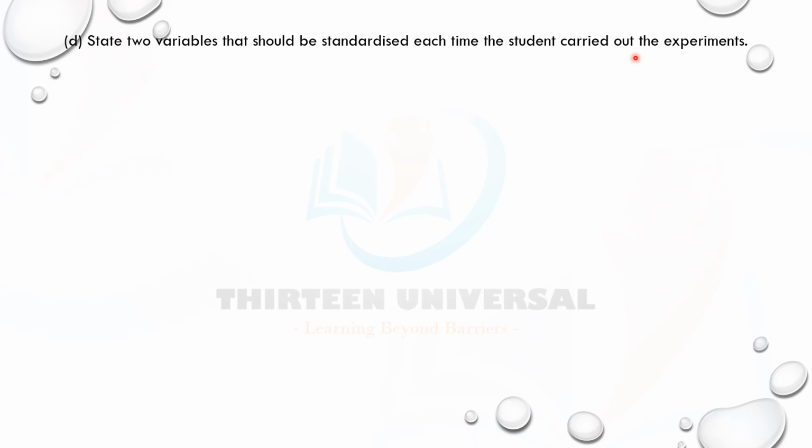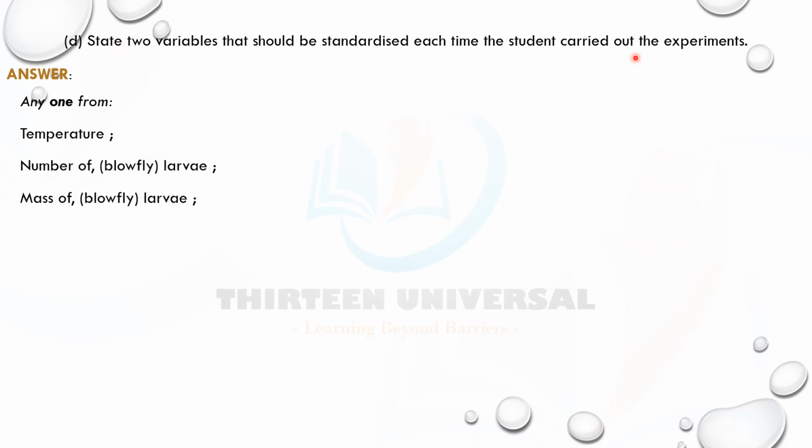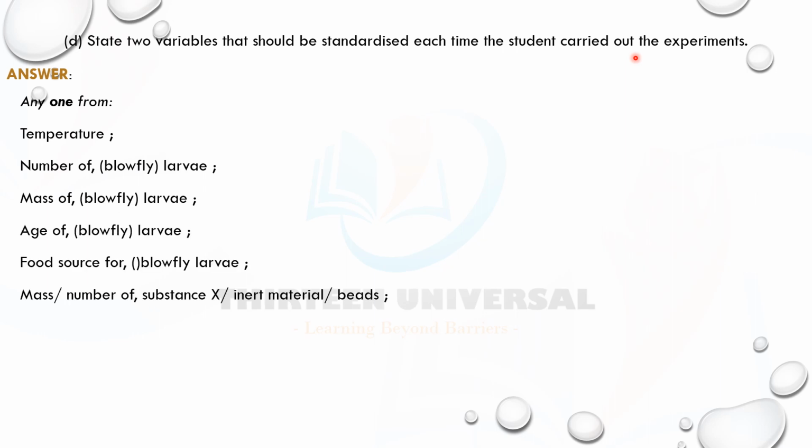The mass of the larvae, the age of the larvae, and the species should also be the same. Of course, the mass of X should be the same for all of them. I see number of blowfly larvae, mass, age, and food source of the larvae should be the same.